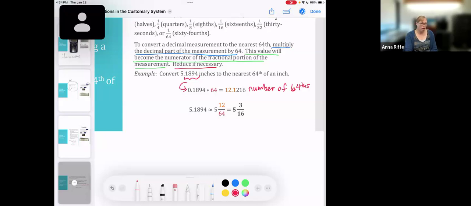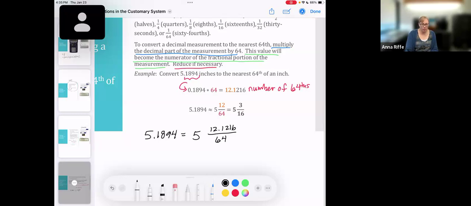I am going to write that as the closest whole number that I can. So what this means is 5.189 becomes 5 and 12.1216 64ths. That's what that indicates.